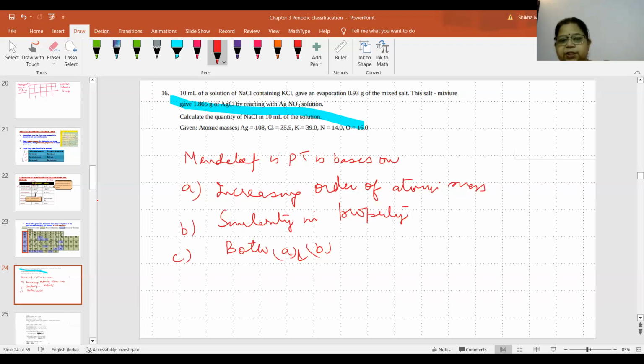What is your take, Shweta? Any answer, Ritika? Ma'am, increase in order of atomic mass. Okay.